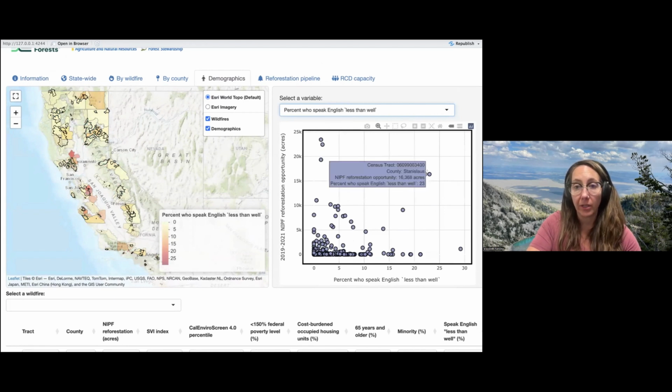For example, in Stanislaus County, we've got 23% who speak English less than well. And in this particular tract, there are about 17,000 acres of reforestation opportunity. So it's a fairly high need with a fair number of the population who speak English less than well. So we might want to think about alternative outreach opportunities there.